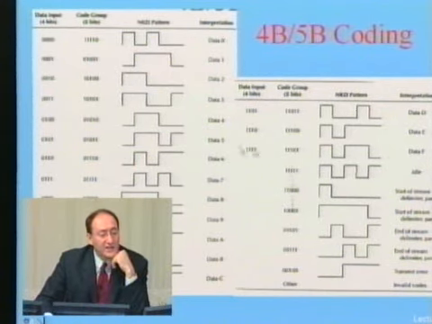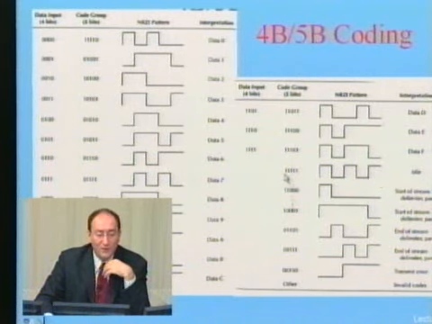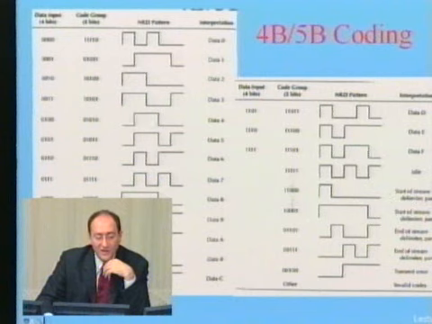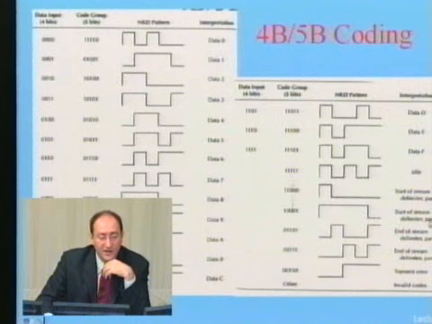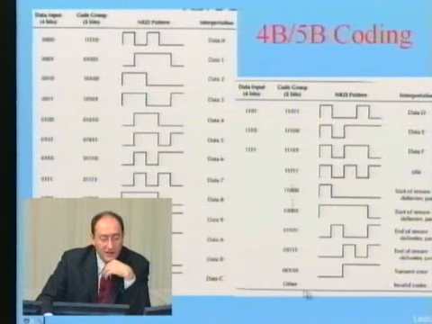So they have signals like idle, for example. Idle is all ones. A start of stream delimiter, part 1, this is 11000. A start of stream delimiter, part 2. End of stream delimiter, part 1, end of stream delimiter, part 2. Transmission error, and then you have a few which are invalid.